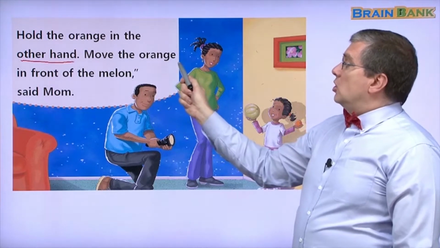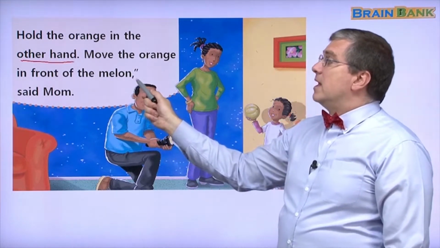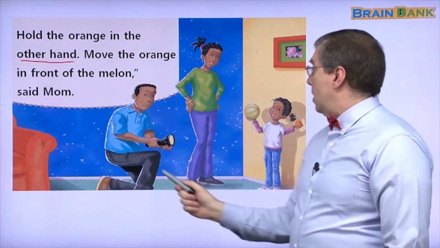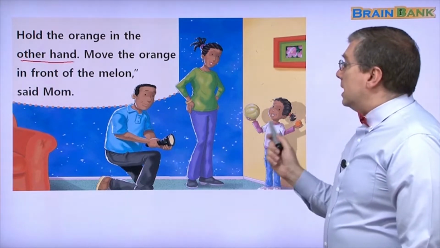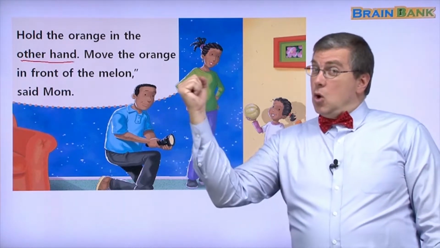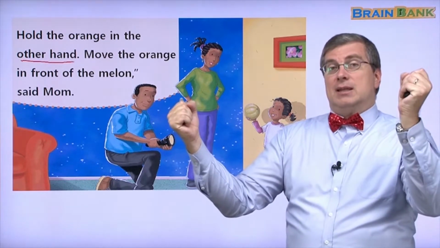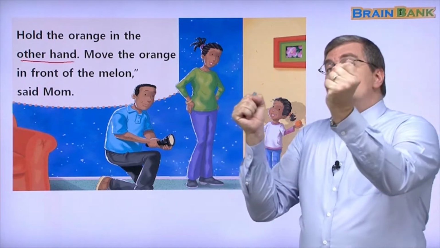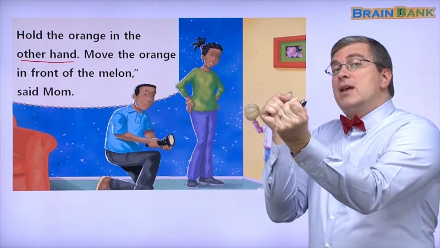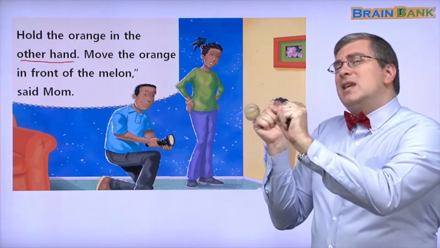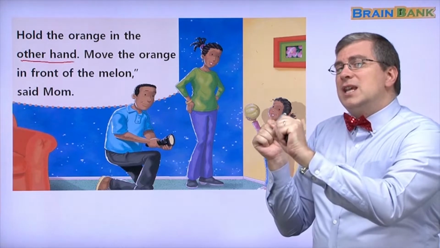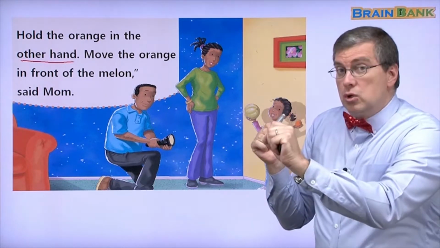"Move the orange in front of the melon," said Mom. Here, she's holding the melon in one hand and the orange in the other hand. Move the orange in front of the melon. What is the orange? The orange is the moon.